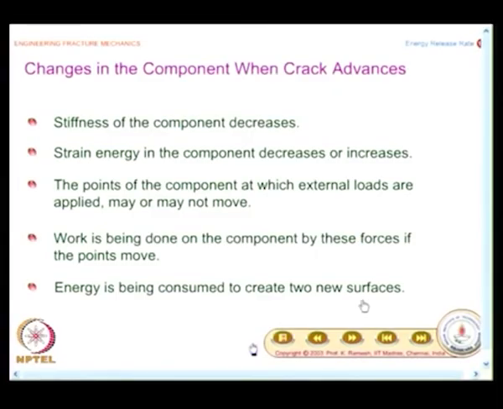If you directly look at English solution, you will only get alarmed and it does not satisfy your actual observation. To bring in this understanding, Griffith was intelligent enough to appreciate that energy is being consumed to create two new surfaces.